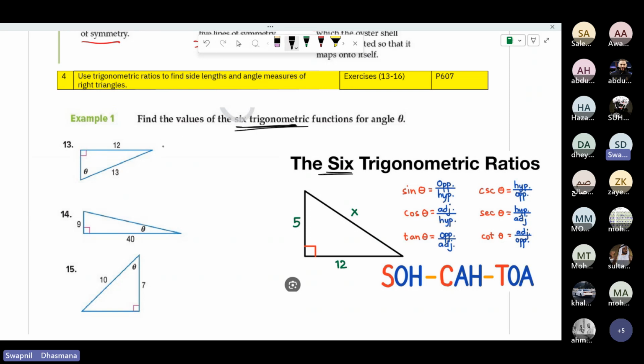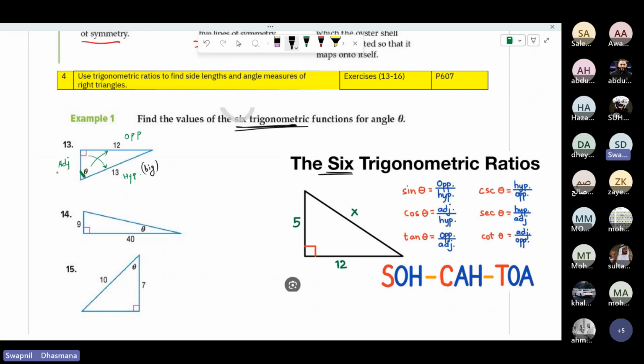For example, I'll just solve one of them. So let's have a look at our wall. Now I told you this is theta, meaning angle, for example x. This side is called opposite. The bigger side, opposite to the right angle, is called hypotenuse, H. And the other one is called adjacent, A. The biggest side is hypotenuse and the other two are small.